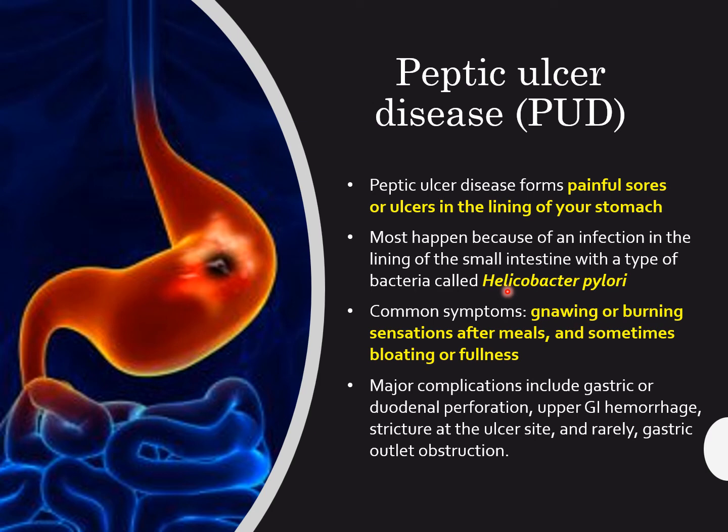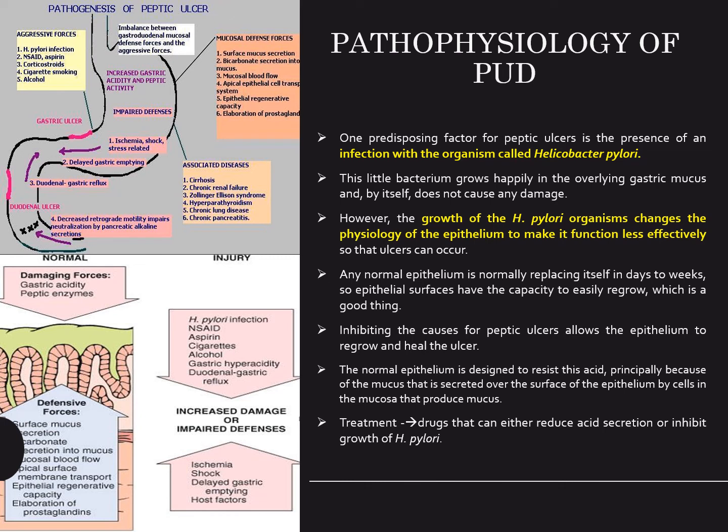Common symptoms: gnawing, burning sensation after meals, and sometimes bloating or fullness. Major complications include gastric or duodenal perforation, upper gastrointestinal hemorrhage, stricture at the ulcer site, and rarely gastric outlet obstruction. This you can just read.